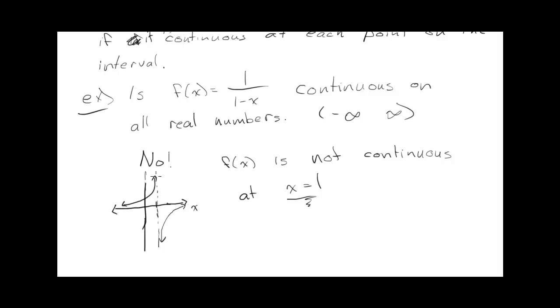Because if you remember, that asymptote is an infinite discontinuity, or you could just say it's an asymptote. That's what an infinite discontinuity means. So not continuous on this interval because it's not continuous at a point on this interval.